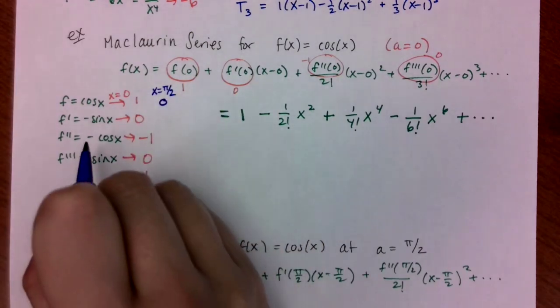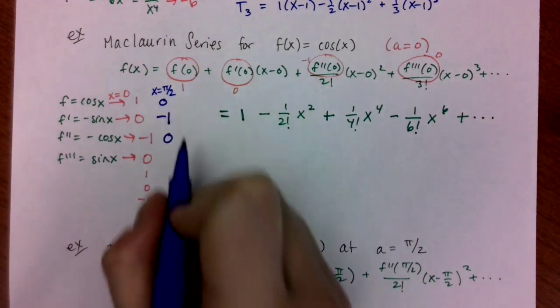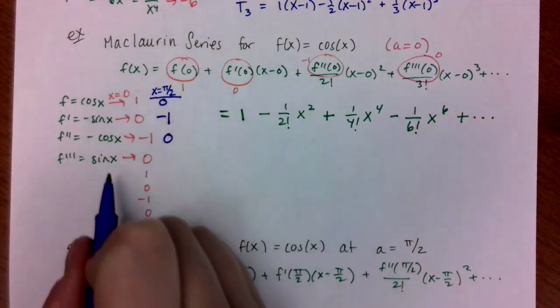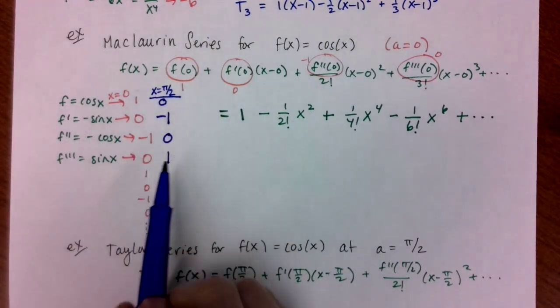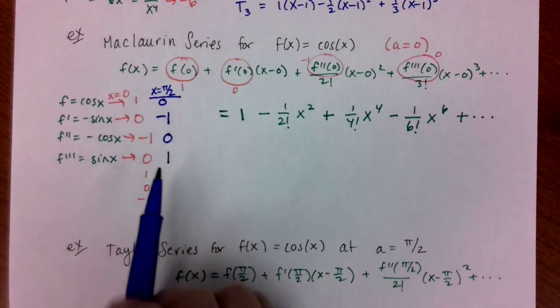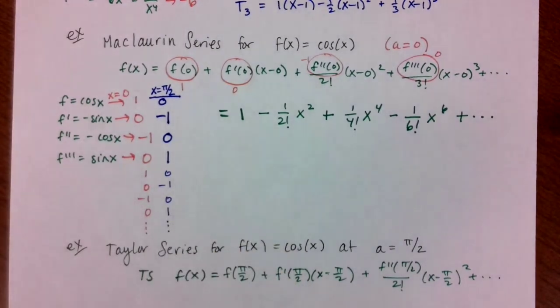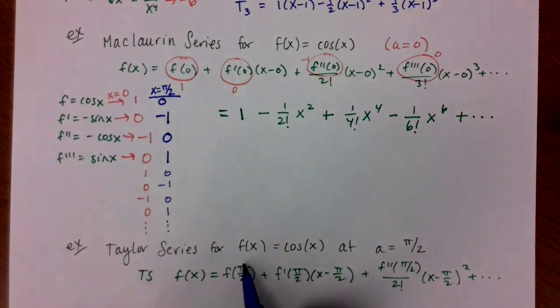The sine is 1, so f prime would be -1. Cosine back to 0. And then sine, we're at 1. So we have the same 4 numbers in a different order. Now it's 0, -1, 0, 1. 0, -1, 0, 1 would repeat forever. So those are what we're going to put in for our coefficients.